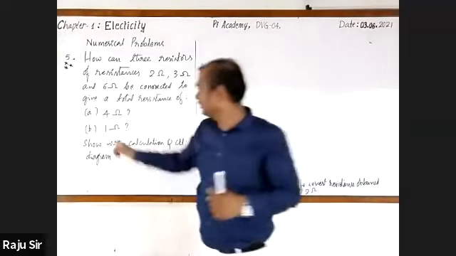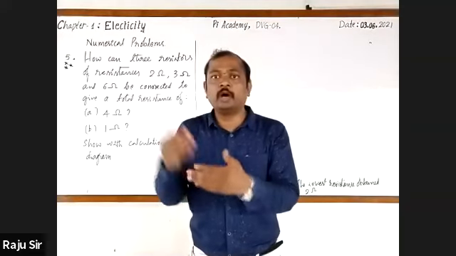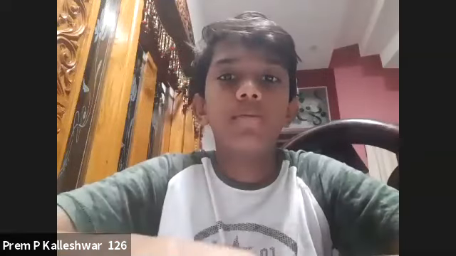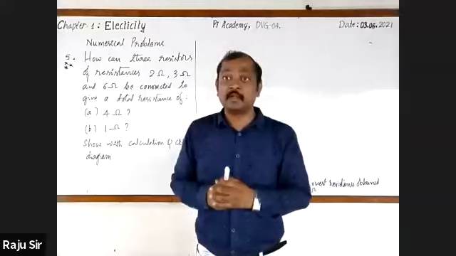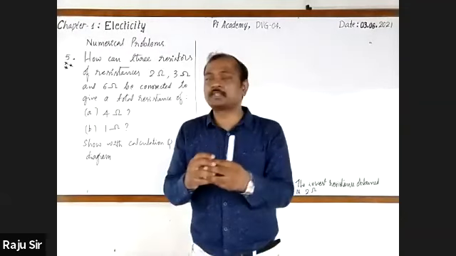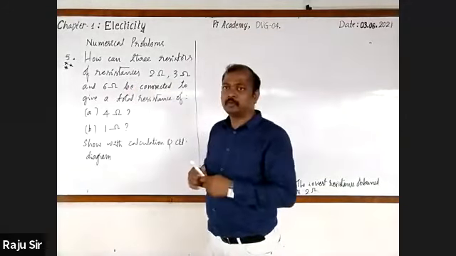In between, we have 4 ohm. To get 4 ohm, how do we connect these 3 resistors? Mixed connection, is it not? How do you go for a mixed connection by taking 2 ohm, 3 ohm and 6 ohm? Maybe take 3 and 6 as a parallel connection, and 2 ohm in series.